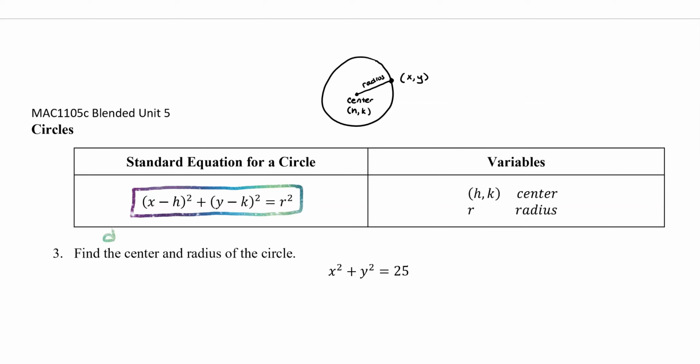And this is just the distance formula with x, y and h, k. So it's really just the distance formula, but instead of calling distance d, I'm calling it r because it's a radius. Instead of taking the square root, I just moved the square root over to the other side as a squared. So that's where that comes from.